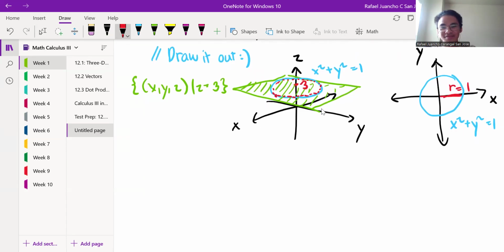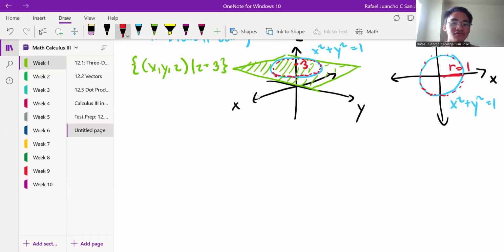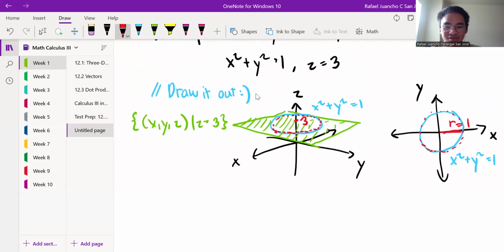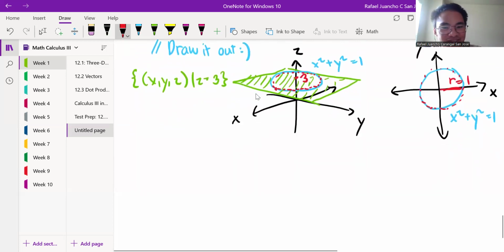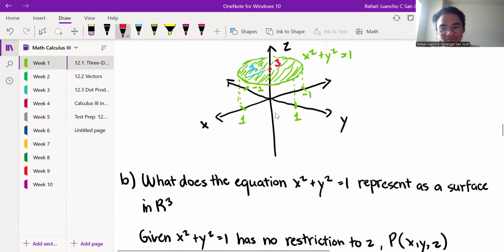These are an infinite number of points in the plane where z is equal to 3, or in the surface that best represents z equals 3. Amazing. Okay. And the radius is still 1.